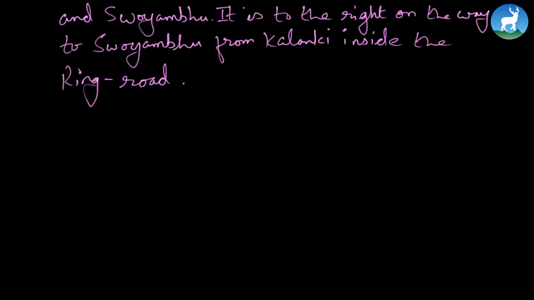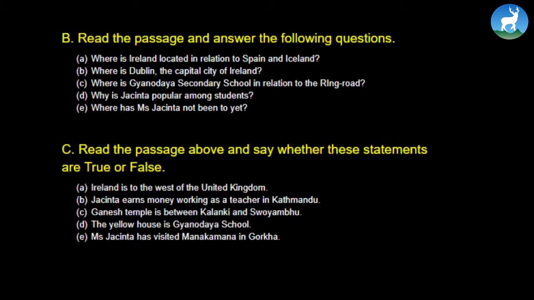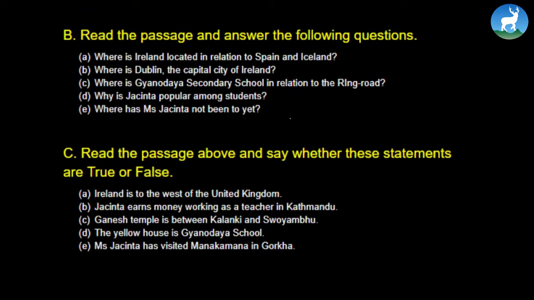Okay, there are more questions in the passages. Now, if you look at these questions, read the passage and answer the following questions. There are more questions to it. Now, that's the very technique. See, remember, it begins from the question itself. The answer begins from the question, and of course, all the answers are there in the passage. All right. So, where is Ireland located in relation to Spain and Iceland? Meaning, in respect to Spain and Iceland.